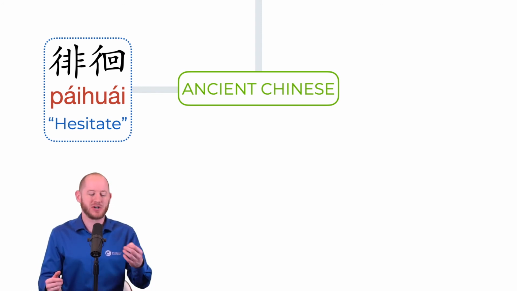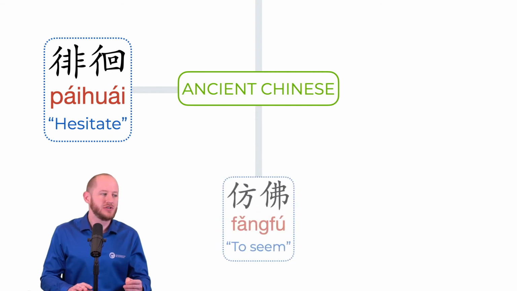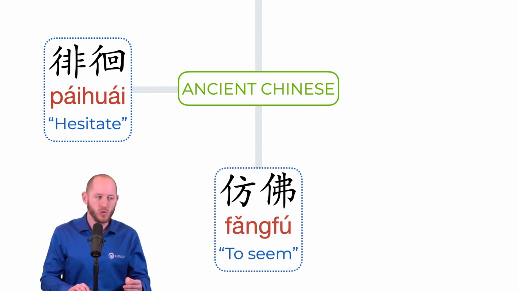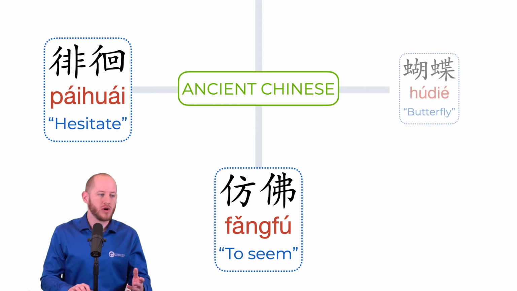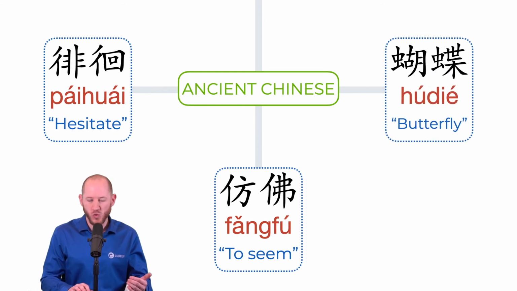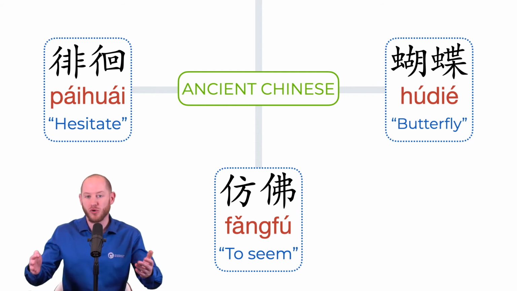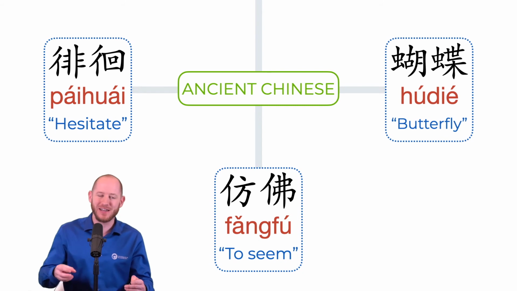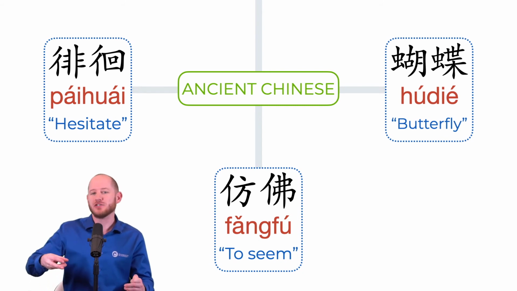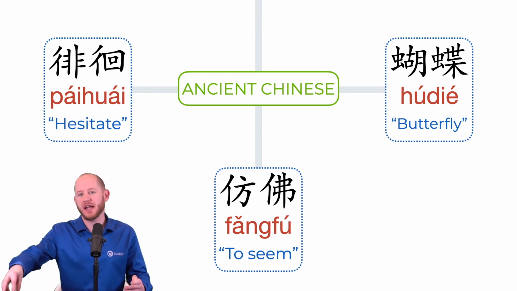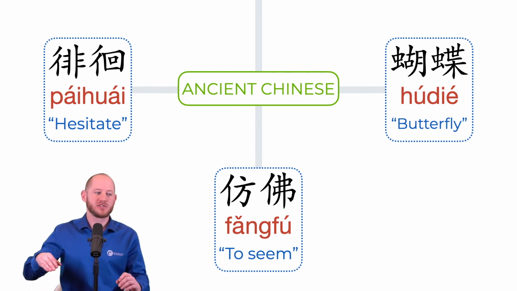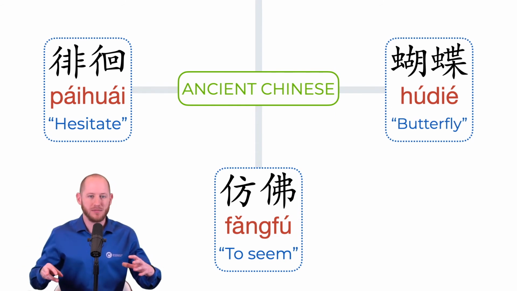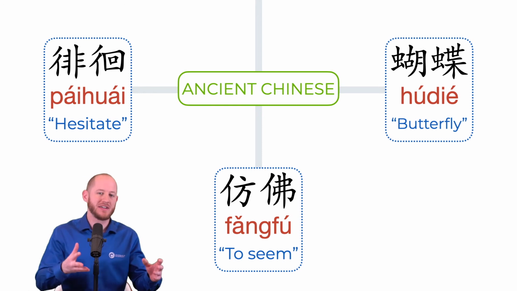And so they would start to add in two character words like 仿佛, or 蝴蝶, especially with something like an insect. Insects, you discover more and more and more of them. Eventually, you run out of characters. You're like, there's not enough characters to continue to keep having this one character per word system. So slowly, two character words pop up, and some of them survive to modern Chinese.